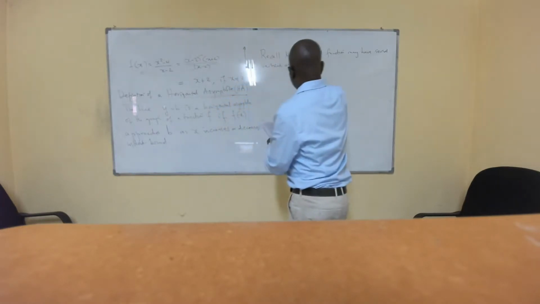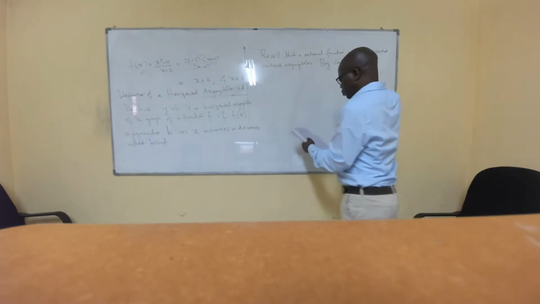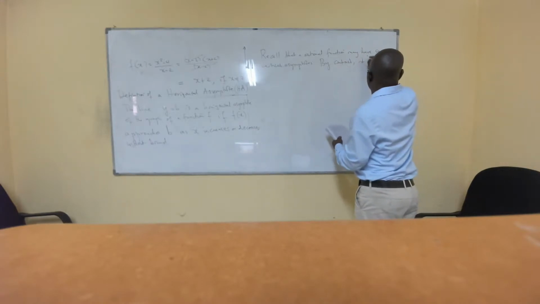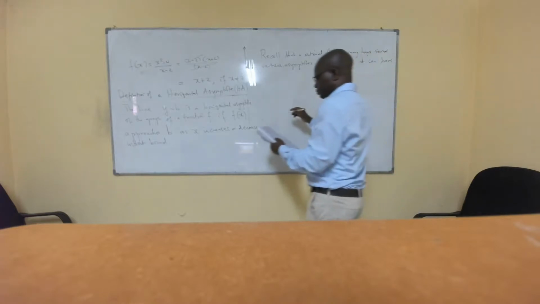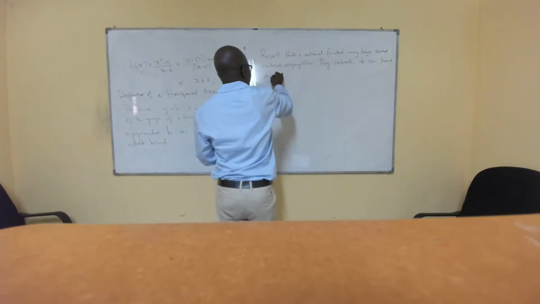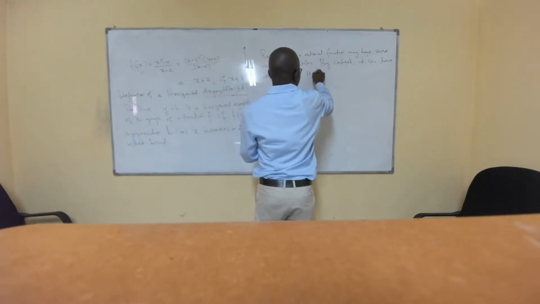In contrast, it can have at most one horizontal asymptote.